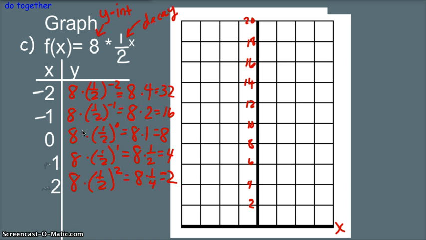I can fit my -1, 16, 0, 8, 1, 4, and 2, 2. Because it's exponential decay from left to right, the value should be getting smaller.